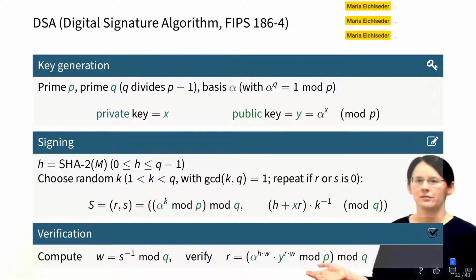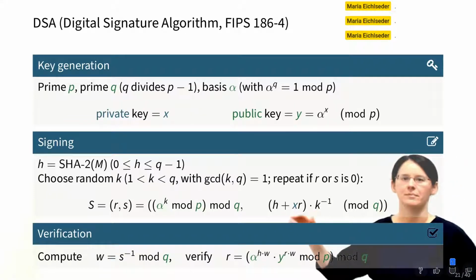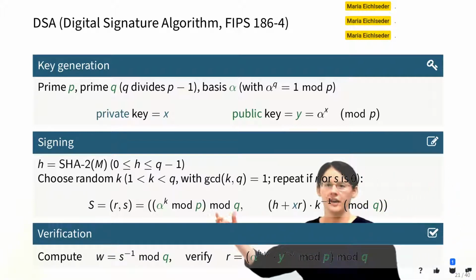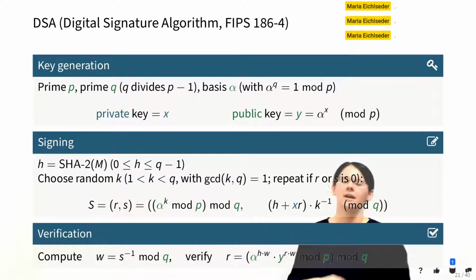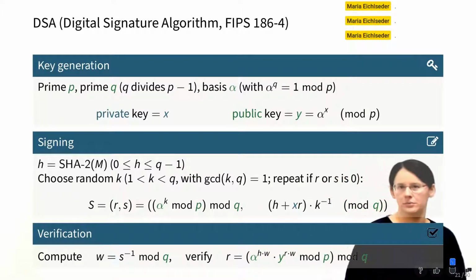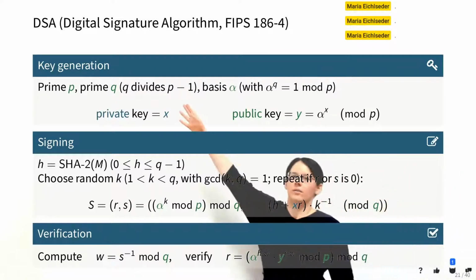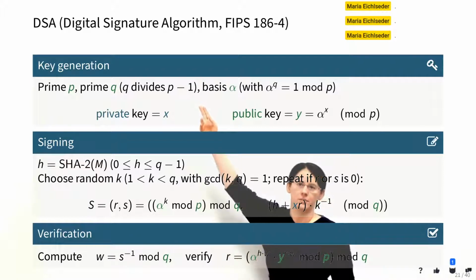The major difference, so there are some differences in the details, but the major difference is that the results of the signature after being computed are again reduced modulo another smaller prime number q, which divides the p minus 1, which is the order of the multiplicative group modulo p.